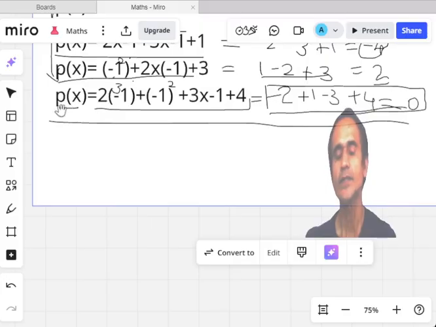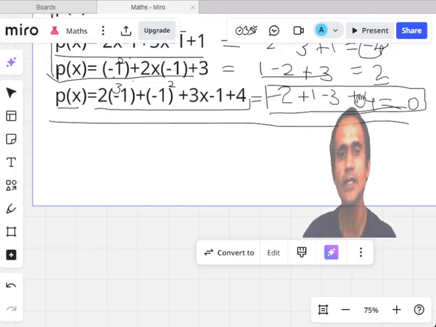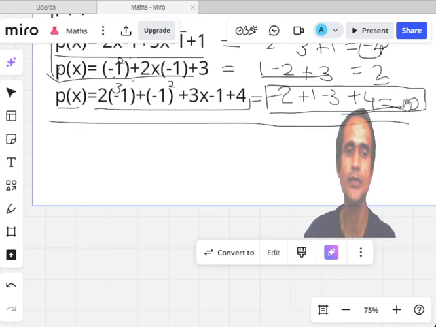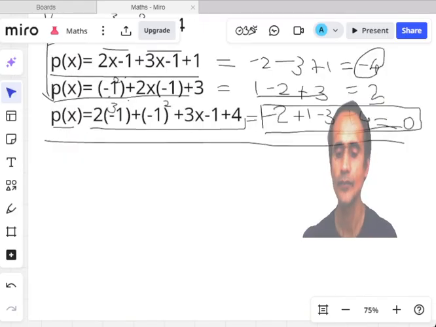So the value of k at which the polynomial value is 0 is known as the 0 of the polynomial. So here, what is the 0 of the polynomial? It is minus 1. Minus 1 is the 0 of this polynomial. So how will we write?